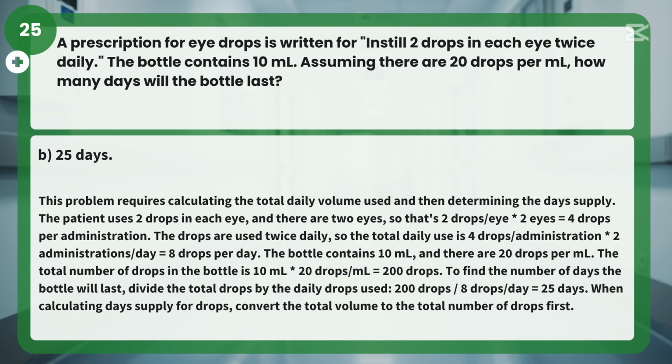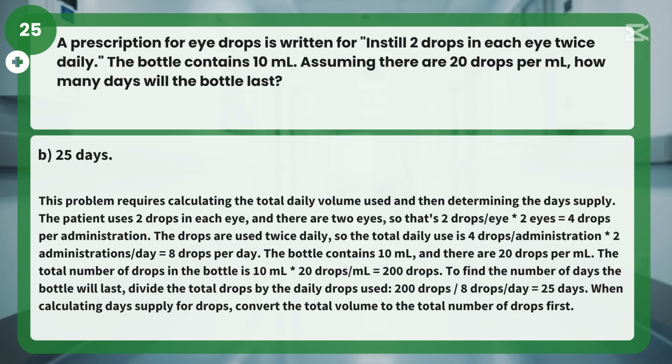The patient uses 2 drops in each eye, and there are 2 eyes, so that's 2 drops/eye * 2 eyes equals 4 drops per administration. The drops are used twice daily, so the total daily use is 4 drops/administration * 2 administrations/day equals 8 drops per day. The bottle contains 10 milliliters, and there are 20 drops per mL.